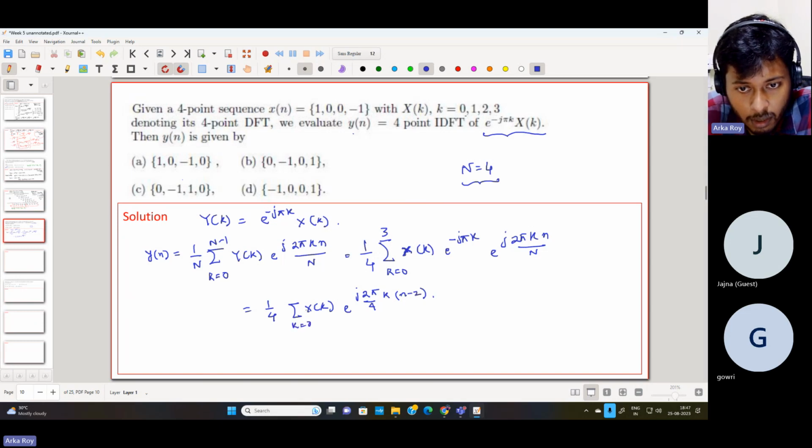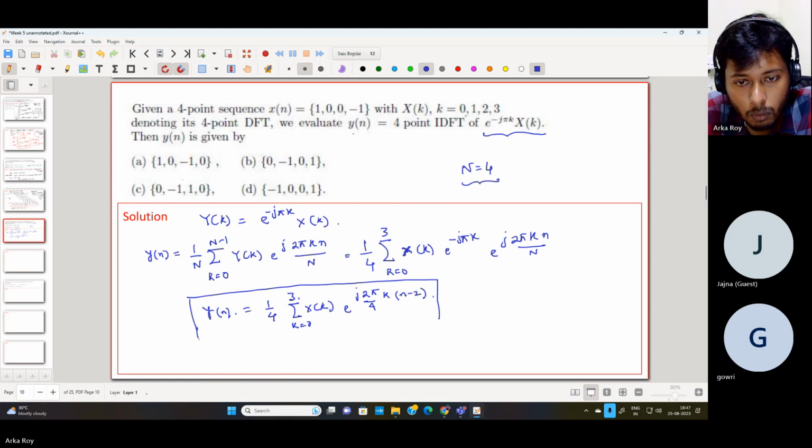And again, k is running from 0 to 3, and that is what basically y is. So this is basically the representation of y.